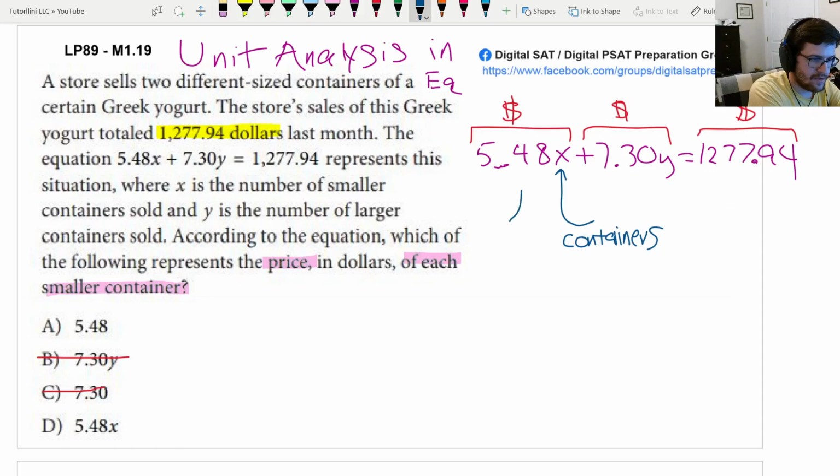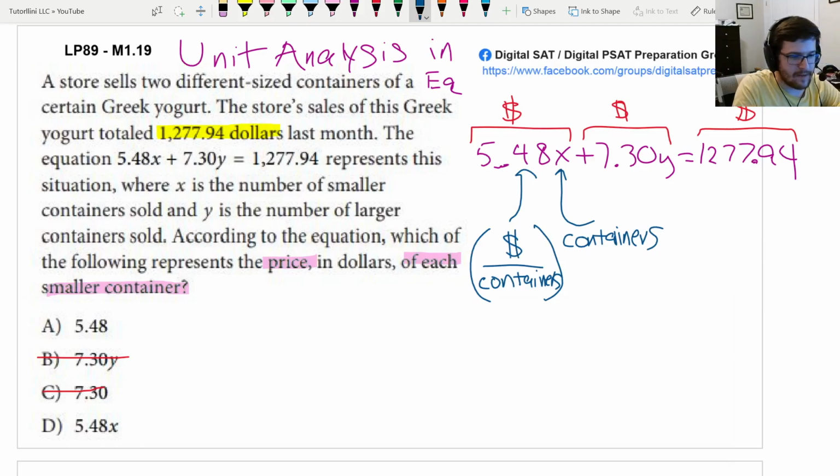What must the units of this be so that the unit cancels and you're left with dollars? Well, just like we were doing unit conversions, we're going to put on the opposite side the thing we want to get rid of, the containers. And then on the top, we're going to put the unit we want, which is dollars.